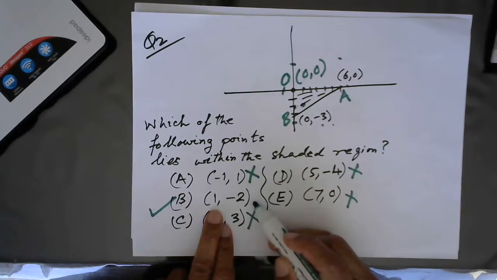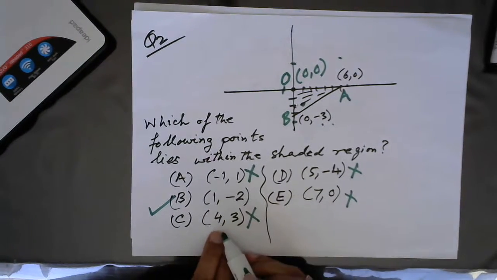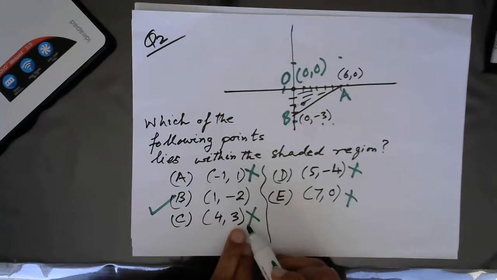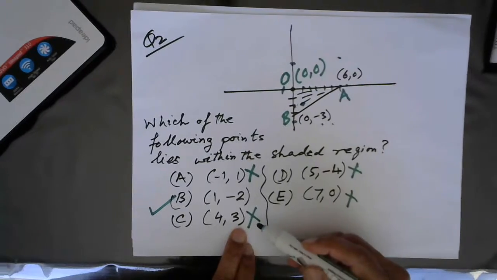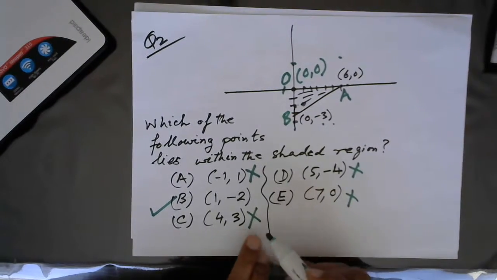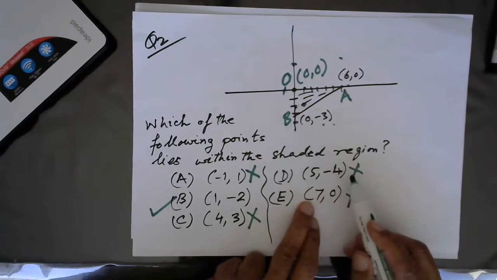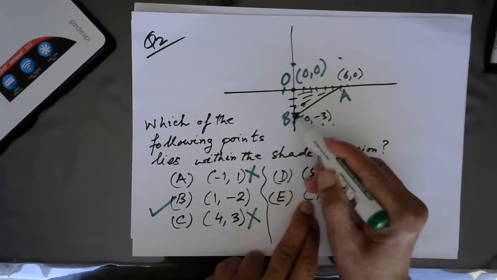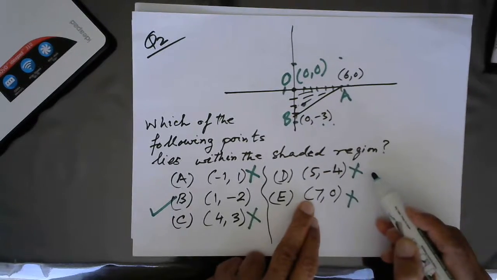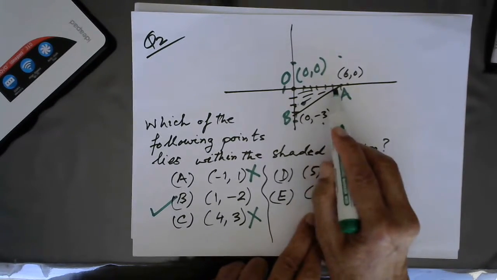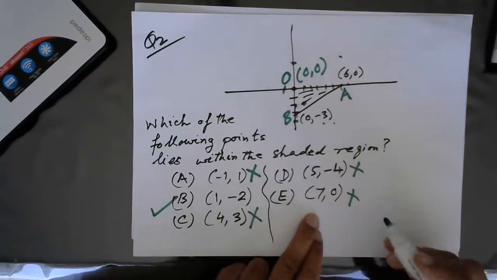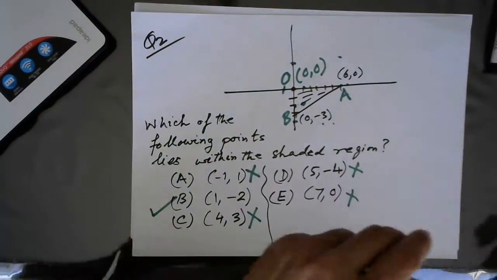This is a point within the region. 4, 3, okay, 4 is okay, but 3 is above the origin, so this is not in the region. 5, negative 4. Negative 4 is below this point B, so it is not in the region. 7 is outside this range. 7 is to the right of 6, so the answer is B.